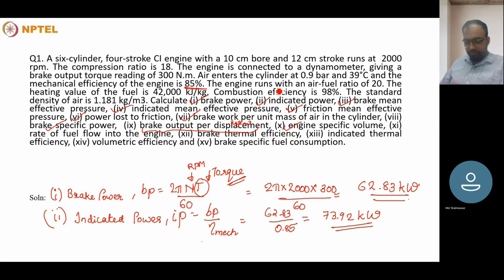In a nutshell, the air fuel ratio is 20.